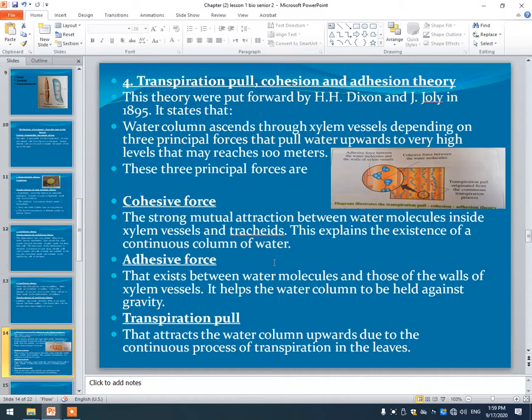It attracts the water column upward due to the continuous transpiration of the leaves. Transpiration means that the plant gets rid of excess water, during the day, due to high temperature. So this allows the water column to be pulled upward.